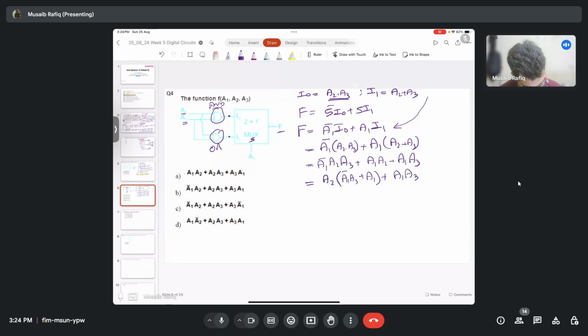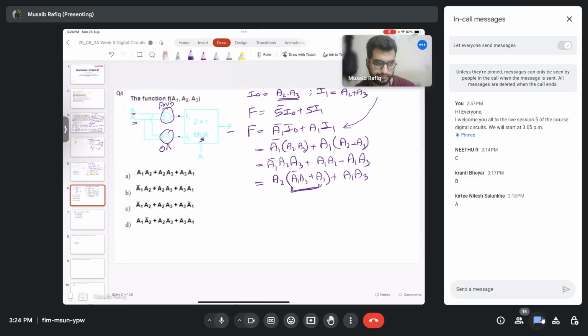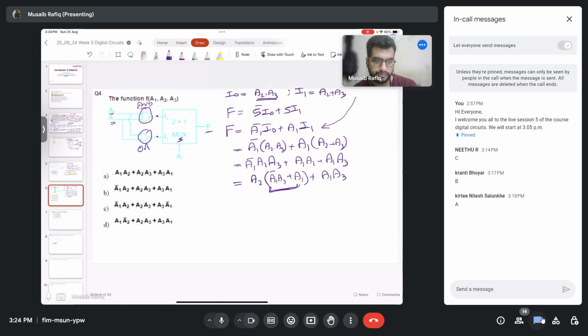So what is this equal to? Anyone? Anyone in the chat box? What is this equal to? Correct.